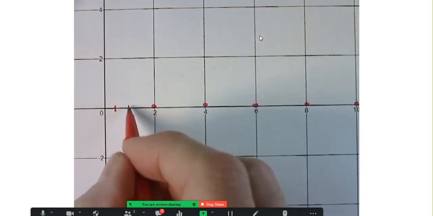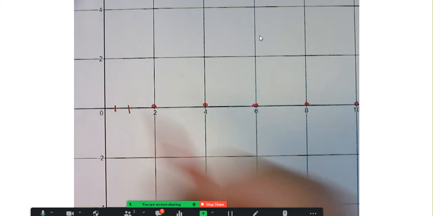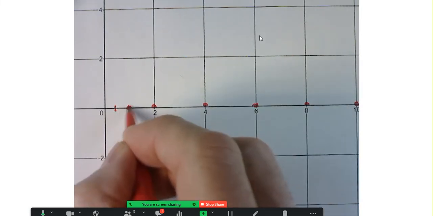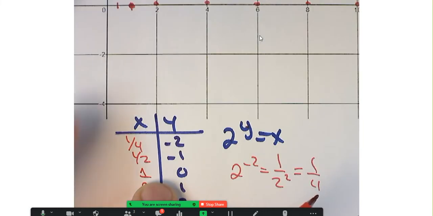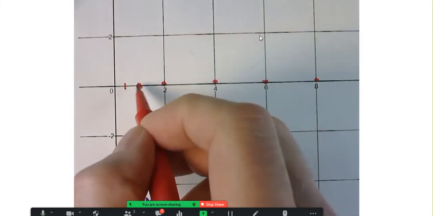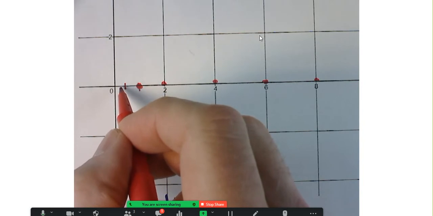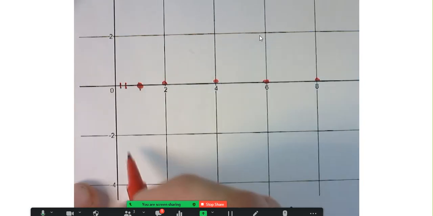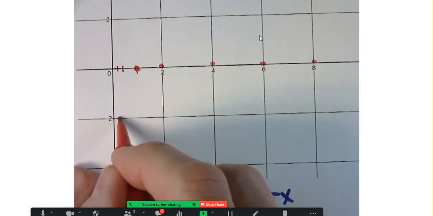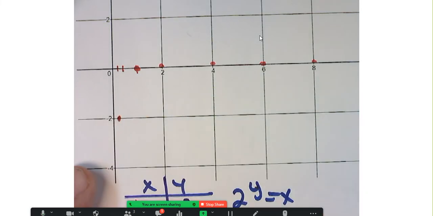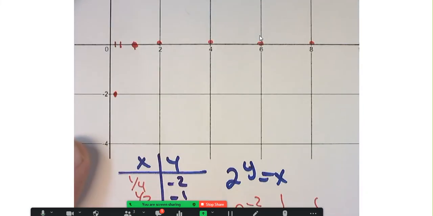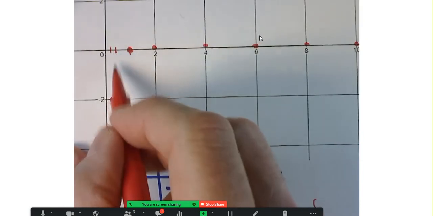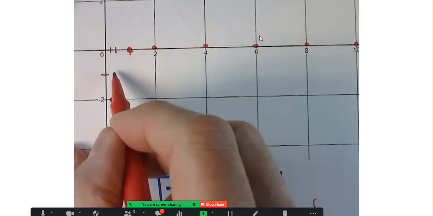This is going to be the point 1, 0, and I'll put that on my graph because I notice that it is a point that I'm going to graph. But if that's a 1, that's a half, and then 1/4 is about right here. 1/4 and -2. So right down there. And then 1/2 and -1. Well, that's going to be about here.